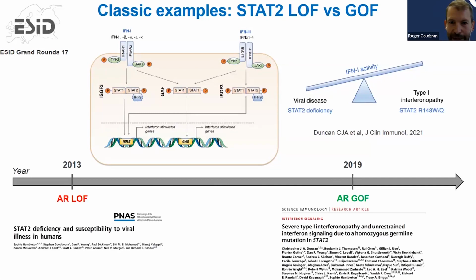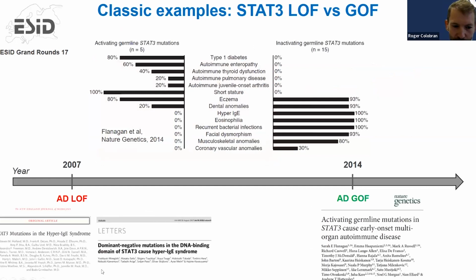And another classic example is STAT3 that was described by the group of Bodo, in fact, and others in 2007 as causing hyper IgE syndrome in an autosomal dominant fashion and causing recurrent bacterial infections, mainly in the skin and lungs, and other non-immune anomalies reflecting the role of STAT3 in IL-6 receptor signaling pathway and in other important non-immune signaling pathways.